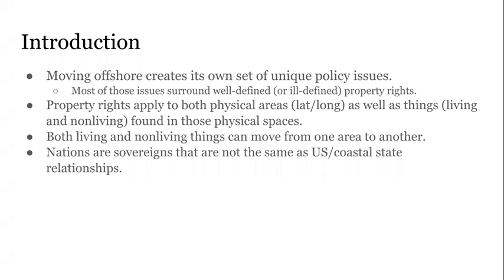An important point here is that each nation is a sovereign, and that kind of sovereignty is not the same as what we've already described as the United States federal and coastal state relationships. States here in the United States are sovereigns, but they're under a special relationship with the federal government. That special relationship makes them sovereigns to a degree, but not complete sovereigns.